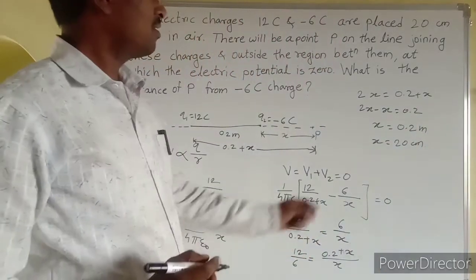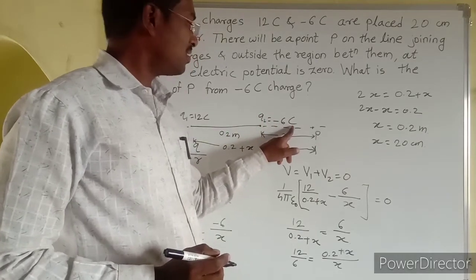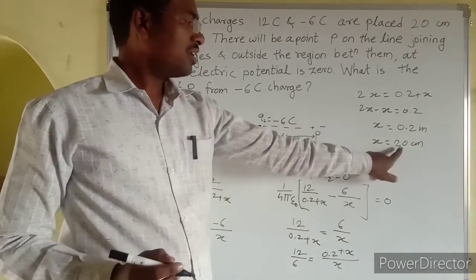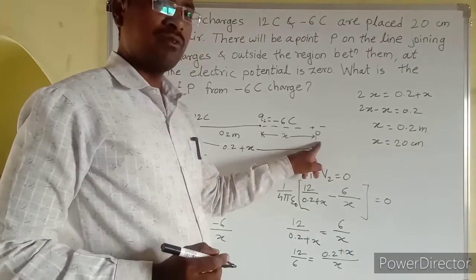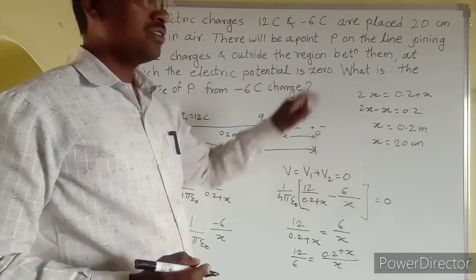Okay. Meaning from the Q2 charge, or minus 6 coulomb charge, at a distance of 20 centimeter, we get the point P at which potential is 0.